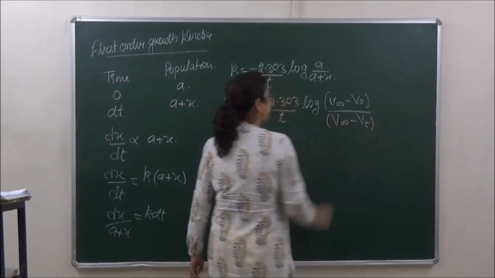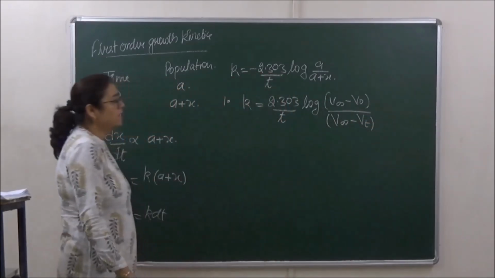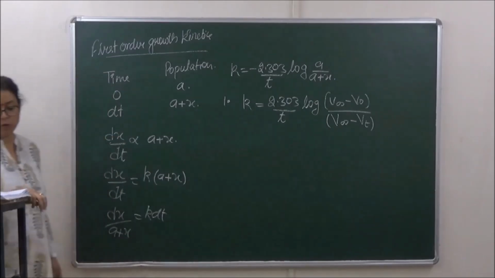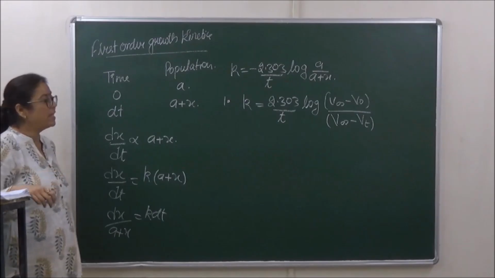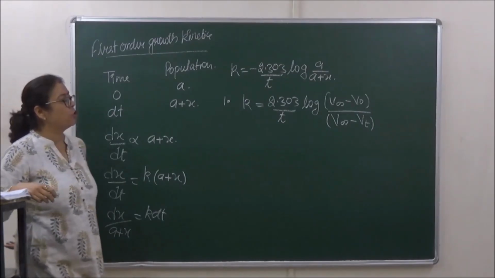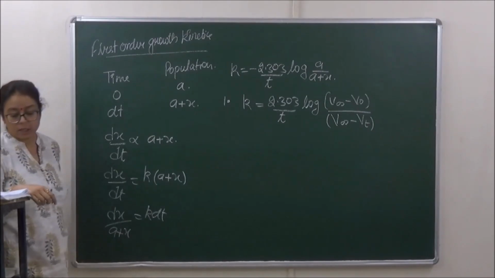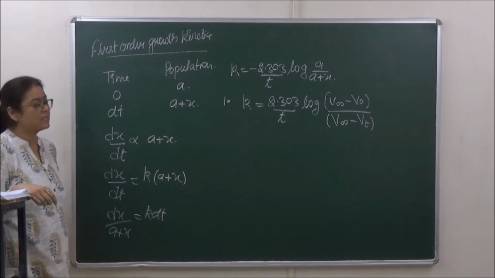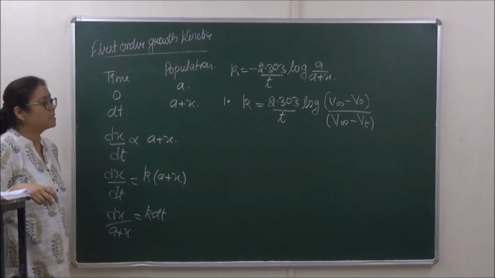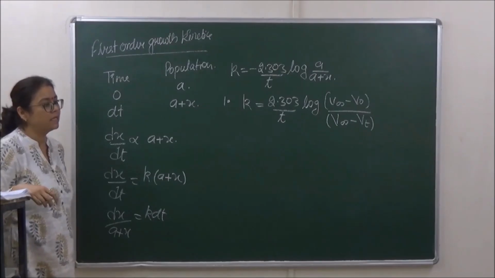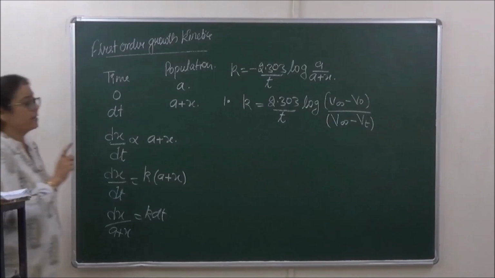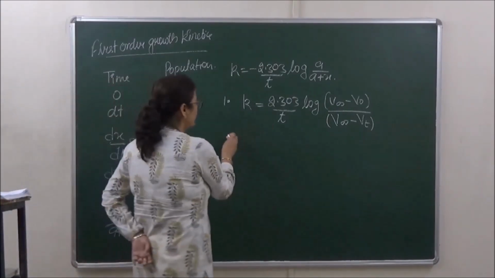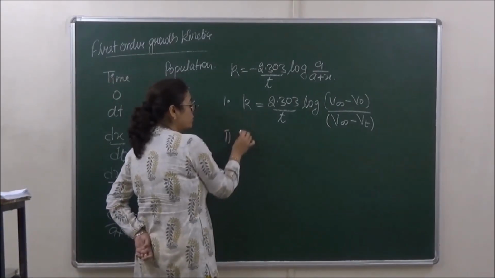So let's understand कि ये terms क्या क्या है. V infinity is the volume used at infinite time. This will be given to you in the question. ठीक है? So V infinity is the volume at infinite time. V0 is the volume used at zero time, and Vt is the volume used at time t. ठीक है? ना अगर हमें V0 नहीं दिया है, अगर V0 नहीं दिया तो ऊपर वाली इक्वेशन फिर क्या आ जाएगी?